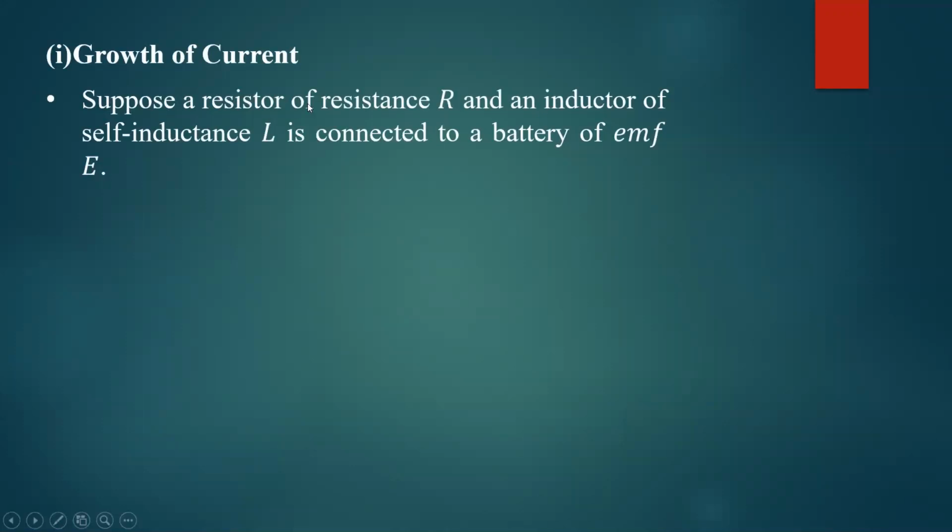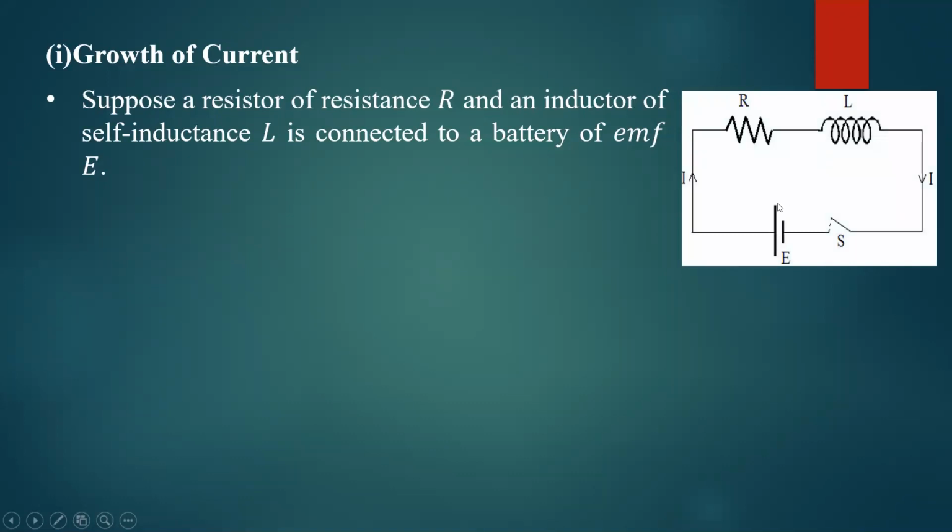Let us consider a resistor of resistance R and an inductor of self-inductance L connected to a battery of EMF E. It is a simple circuit. A resistor of resistance R and an inductor of self-inductance L is connected to a battery through a certain switch.